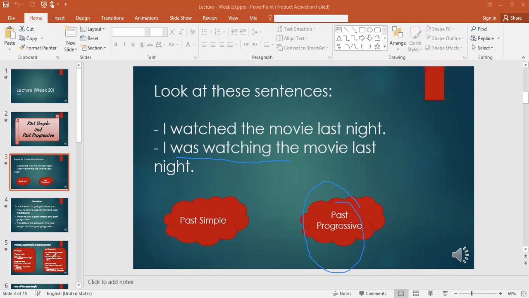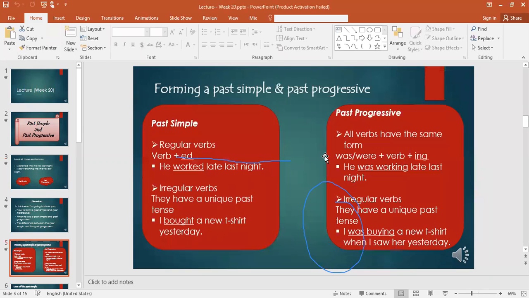Okay, let's now move to the form of the past progressive. In the past simple, we said that the verbs are divided into two parts, the regular and irregular verbs, right? And there is a rule that we should follow in the past simple.